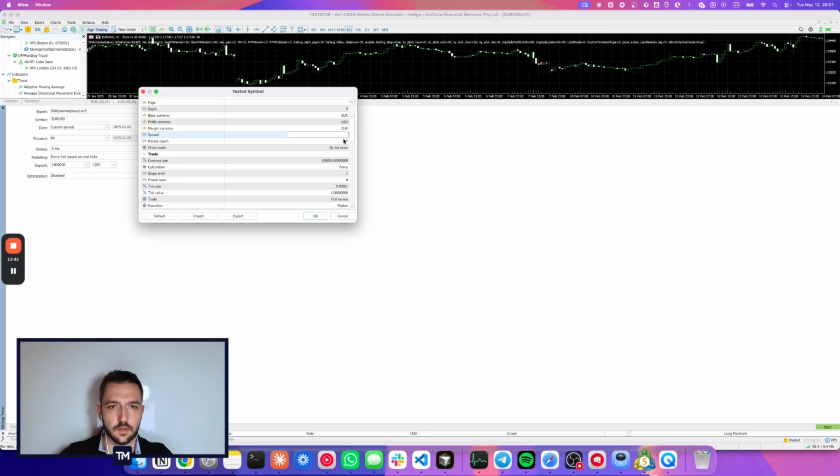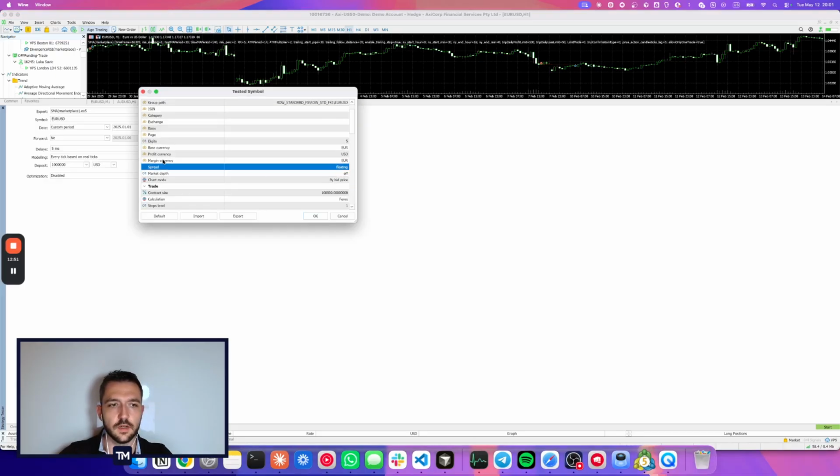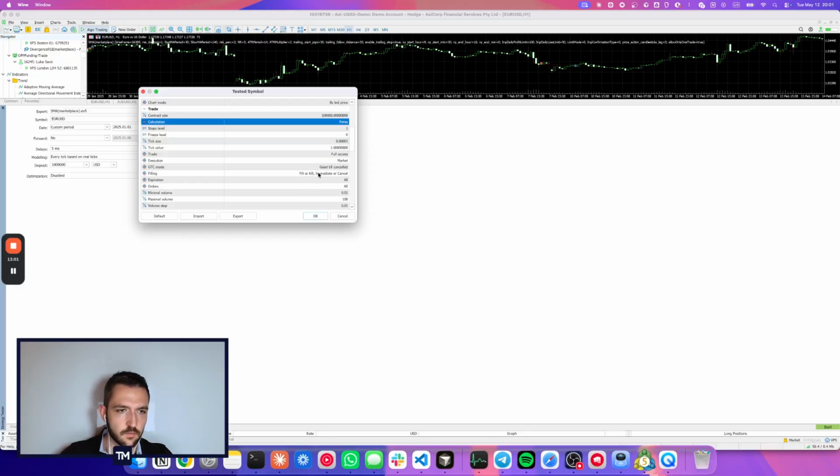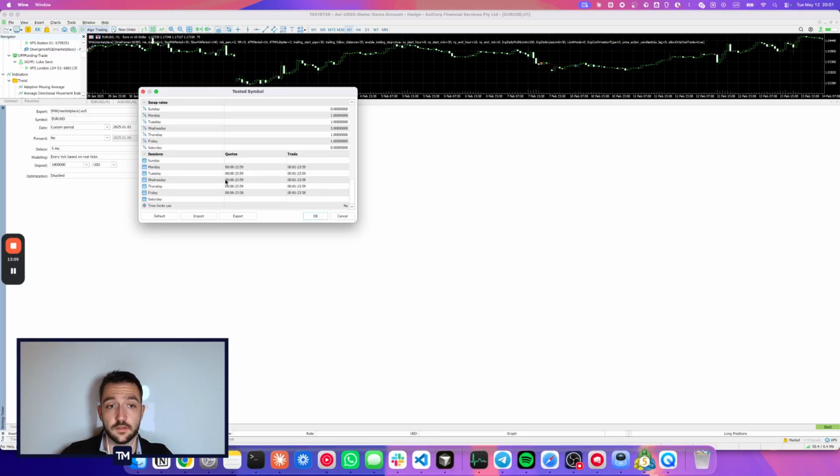So yeah, I don't know why it's not working now, but okay, so it put the floating automatically. So yeah, again, lower you can see the contract size, the calculation, it's forex, and a lot of other stuff like when it gets traded, etc.